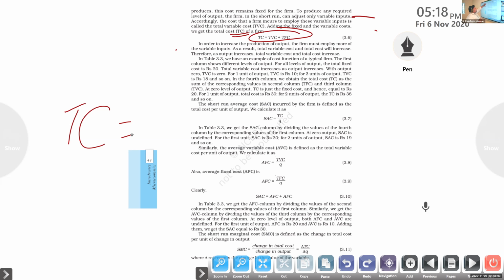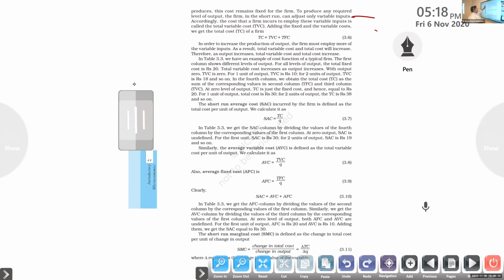In order to increase the production of output, the firm must employ more of the variable input. So if the firm wants to increase the output in the short run, they have to make changes in TVC or TFC. Tell me, where are we able to find the change? Is it in the TVC or TFC?